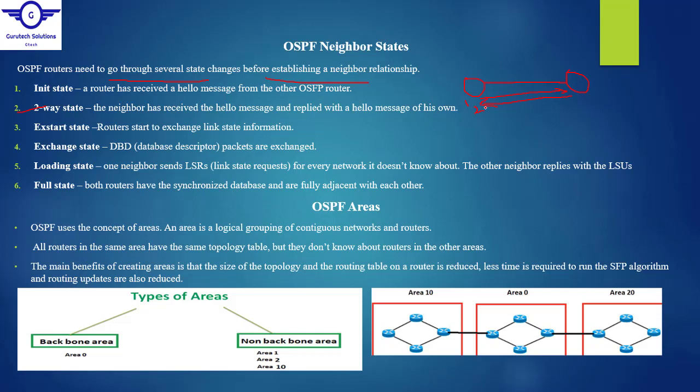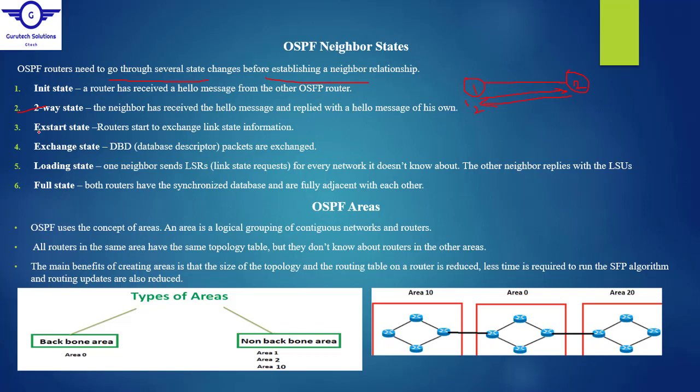Router 1 sent a hello packet to router 2. Router 2 found that there is a router that we need to be neighbors with, so it replied with a hello packet. So the first step was init state, and the second step is two-way state.